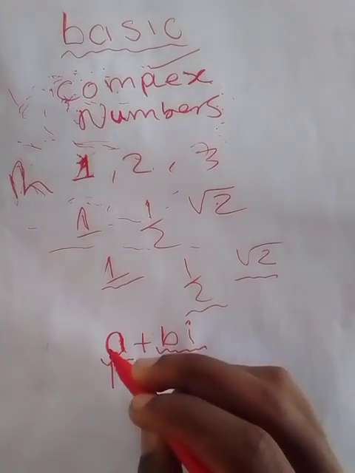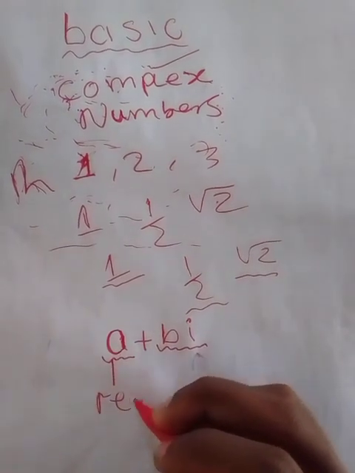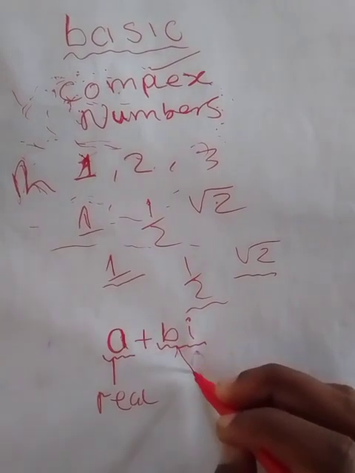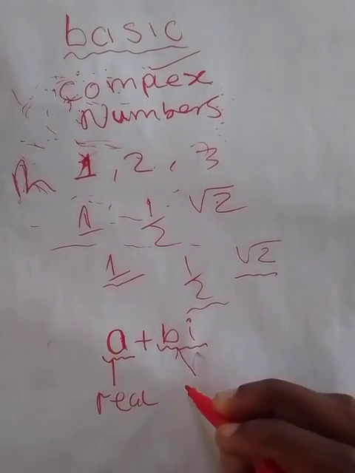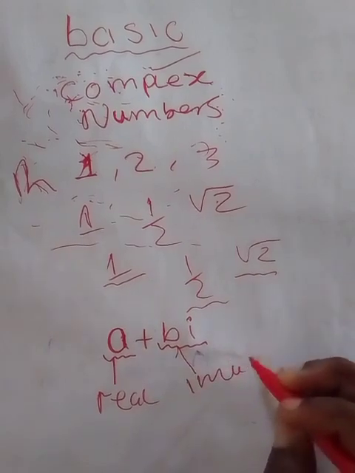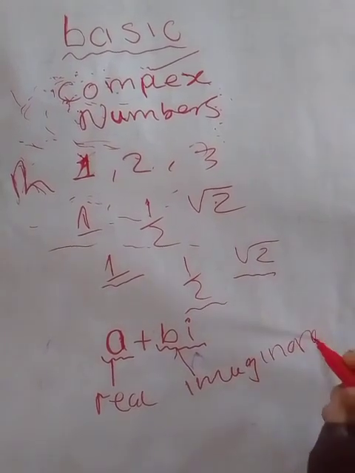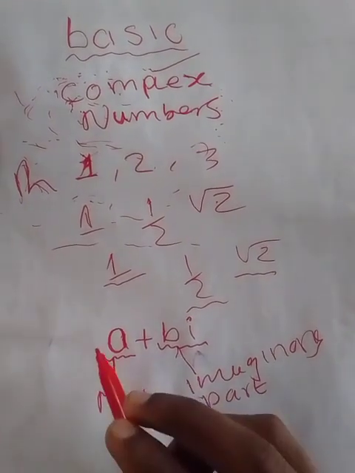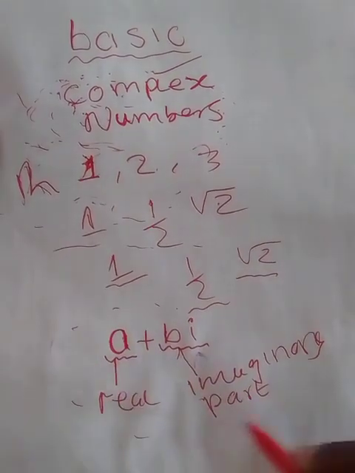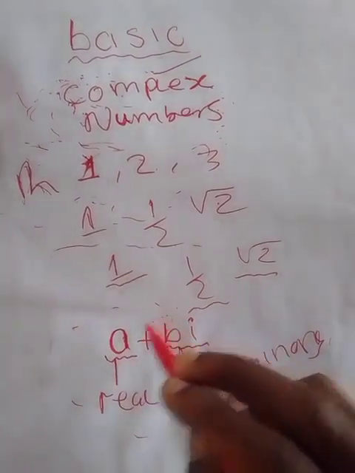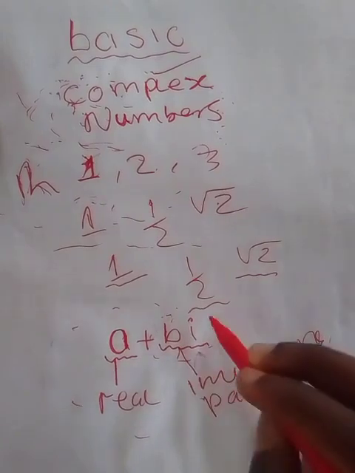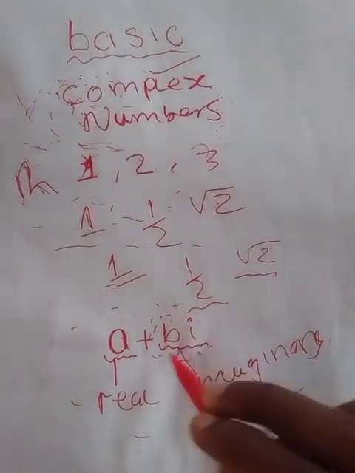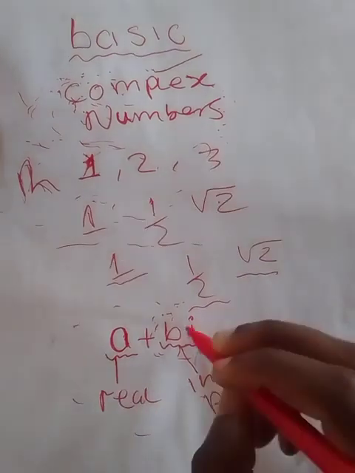The other part is the imaginary part. Because of the presence of these two, it is why they are called complex numbers. They have an additional part.